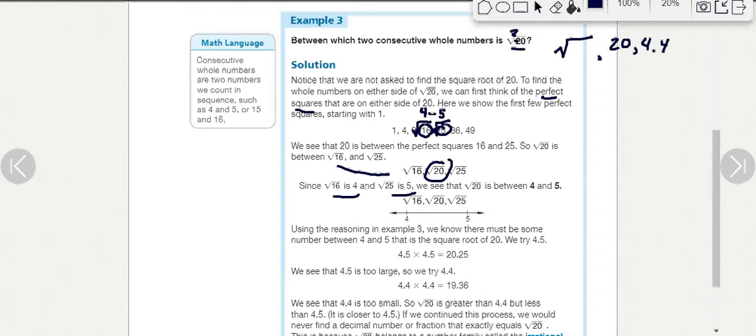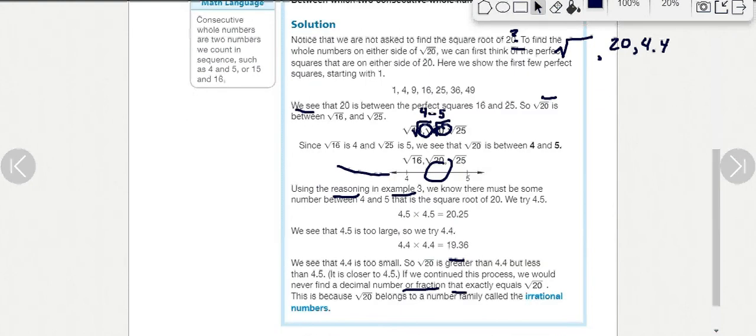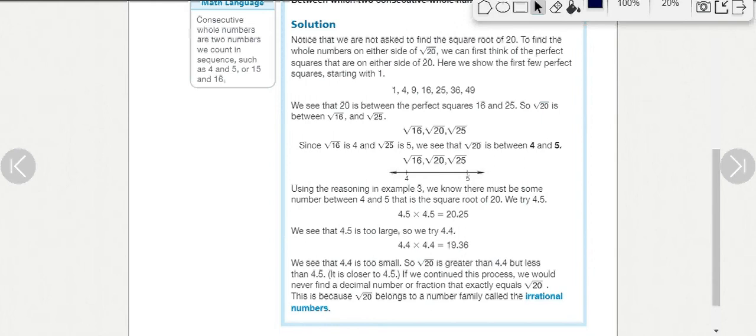Maybe it's 4.5. If we try that, it comes to 20, but not quite. If you try 4.4, it's a little less than 20. So we just keep trying. 4.4 was too small, 4.5 was too big, but it was a little bit closer than 4.4 was.